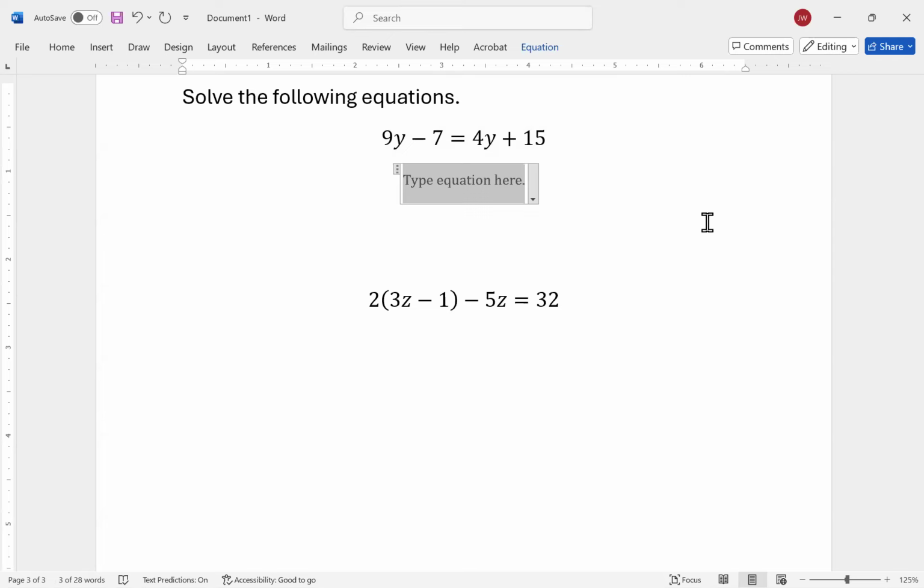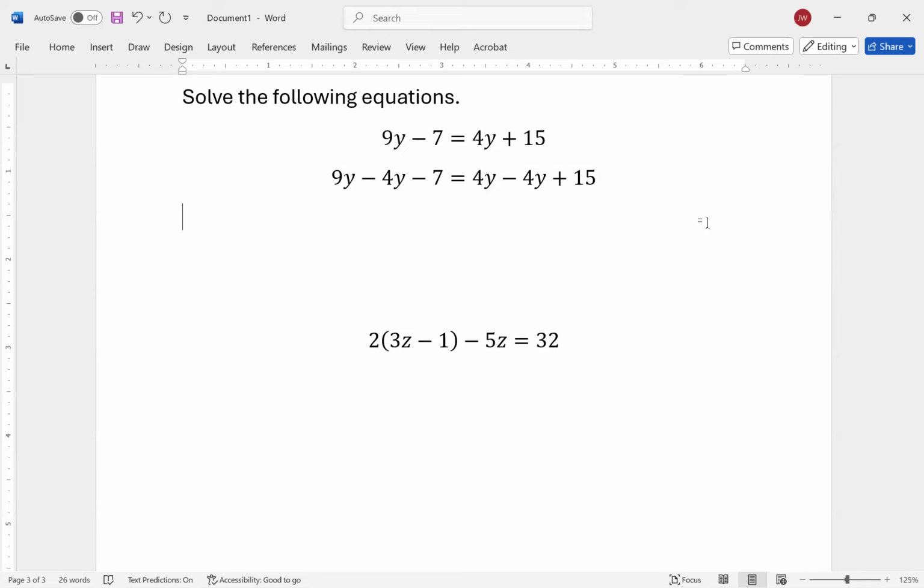Subtracting a number from both sides gives me an equivalent equation. So take 9y minus 4y minus 7 and set that equal to 4y minus 4y plus 15. I will get 5y minus 7 is equal to 15.